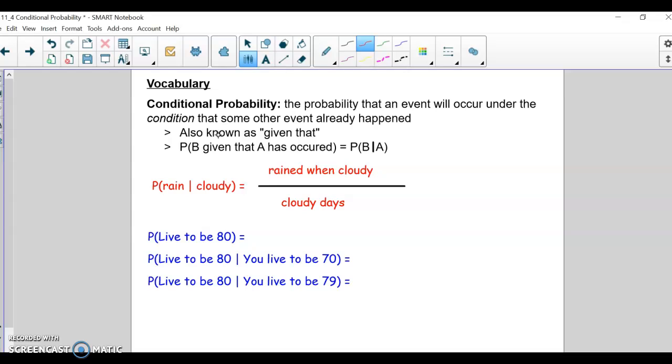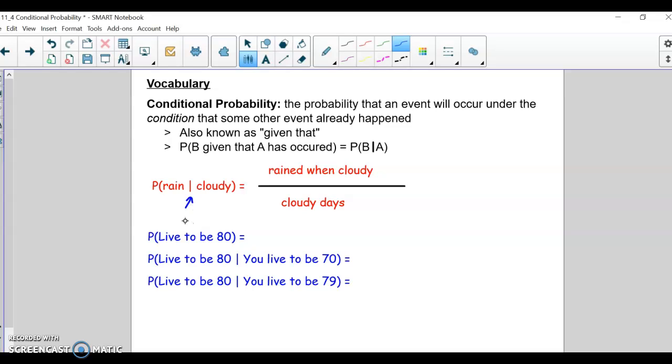Okay, so conditional probability is the probability an event will occur given that some other condition has already happened. Okay, so you're going to hear this "given that" a lot. And so this is probably the best thing to write down, this example. They'll write it as probability of rain, line, cloudy. Okay.